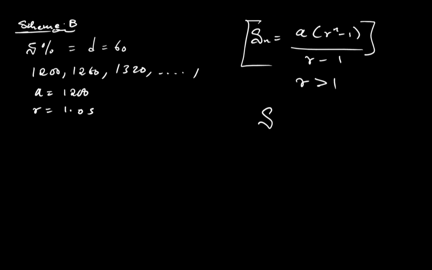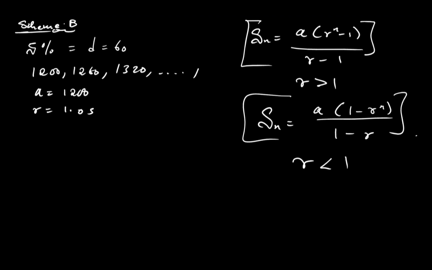Else, sum of n terms is equal to a times 1 minus r to the n, over 1 minus r. This is when r is less than 1. Now, in our case, we have 1.05, which is greater than 1. So we're going to use sum of n terms equal to a, open brackets, r to the n minus 1, close, over r minus 1.